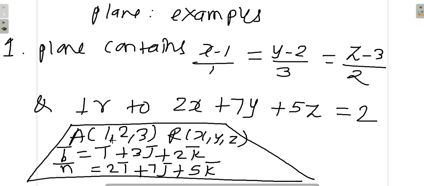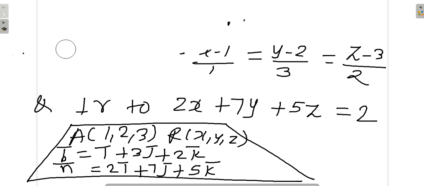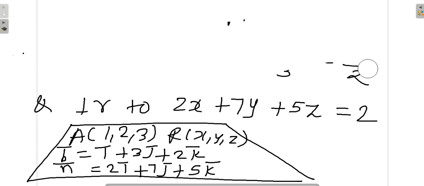So the box product of AR bar, B bar and N bar will be 0 because they are coplanar. So this is the simplest way of getting the equation of the required plane. You can very clearly understand this.